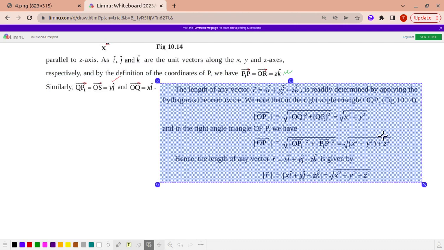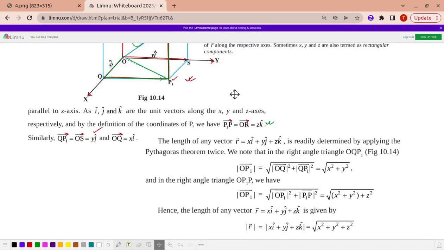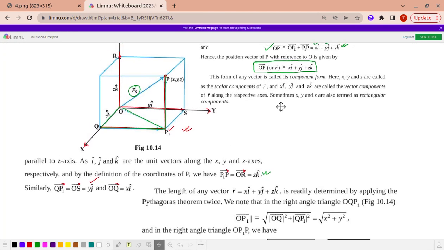If you recall the diagram, let me keep the diagram here as well. We know the vector R is equal to xi cap plus yj cap plus zk cap, and we have derived this. Now we are going to find the magnitude of this vector OP.